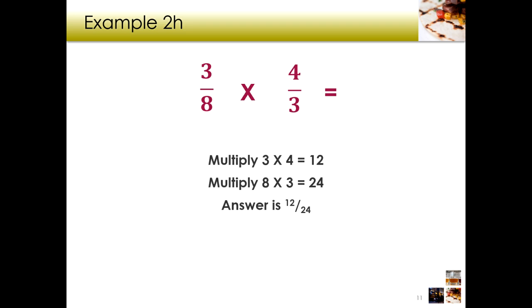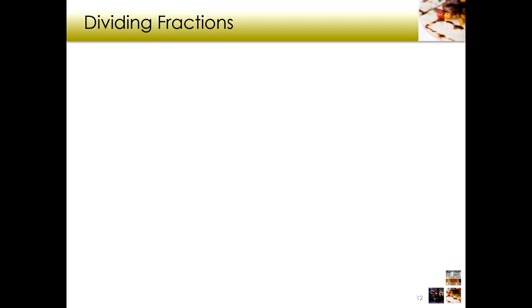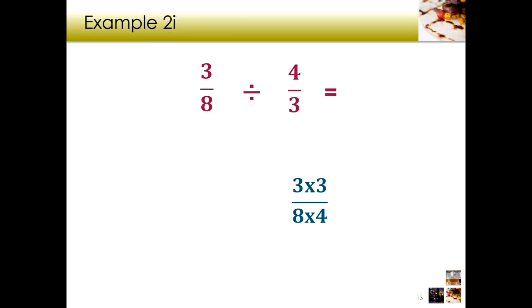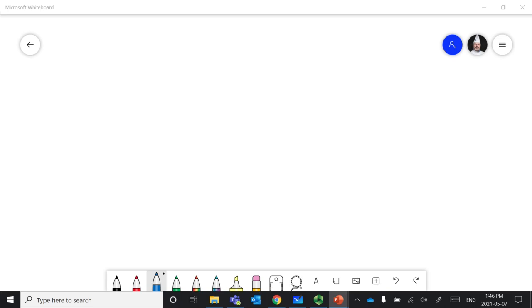So dividing fractions, on the other hand, we're going to flip our second fraction and then multiply. So we invert our second fraction, flip it upside down, and then we multiply the two fractions. So in our example here, we have 3/8 divided by 4/3.